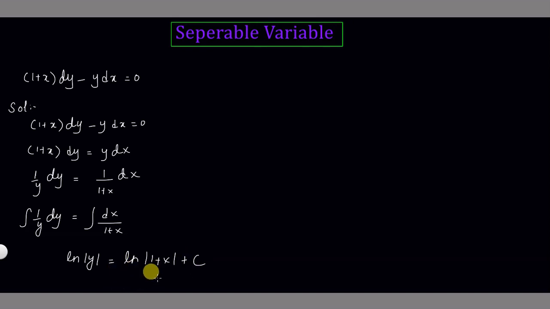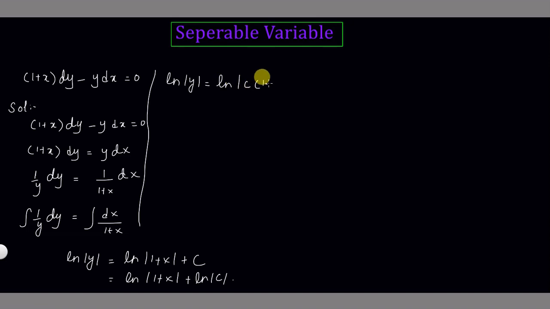As I have explained in the previous example, you can also use ln(1 + x) plus natural log of c. Both are okay, but in the second case you will get a further simplification, which will simplify the function more.